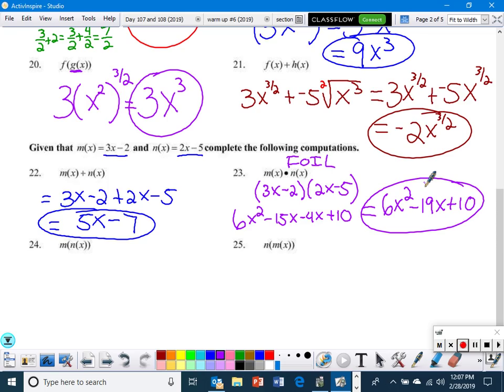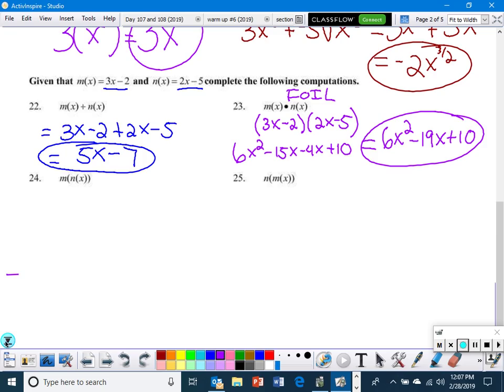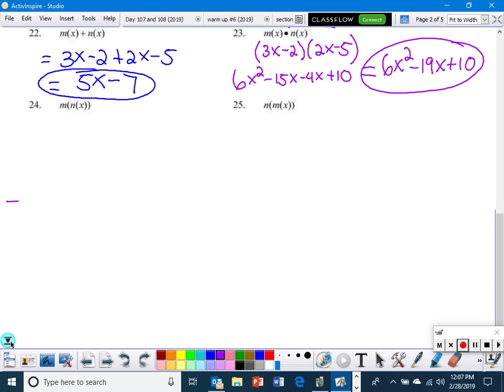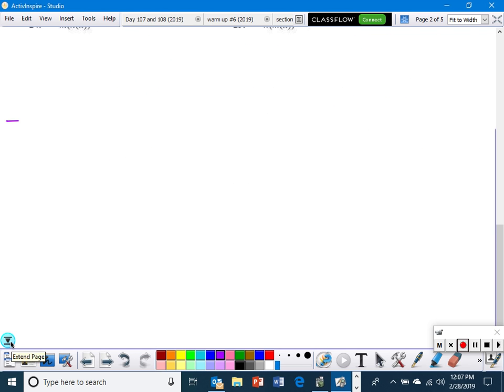Okay, first, outside, inside, last. All right, number 24. As soon as I can get this thing to move, there we go. All right, number 24, too far.